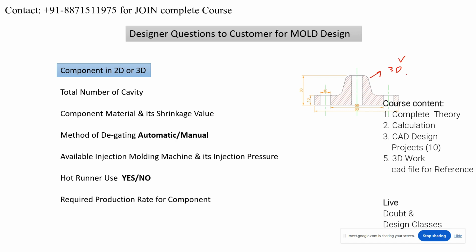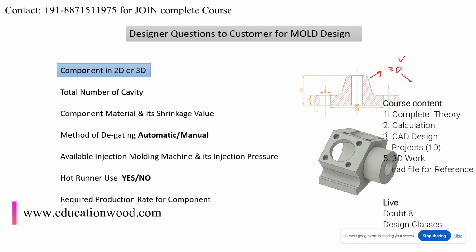Understood or not? And if the customer provides 3D data, there is no such requirement. If the customer provides 2D data, you have to create the 3D data, and you have to prepare a 2D drawing again, mentioning all the dimensions.